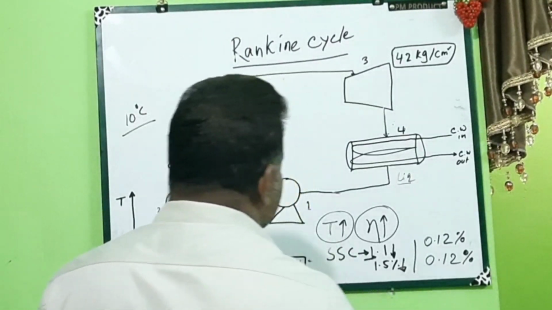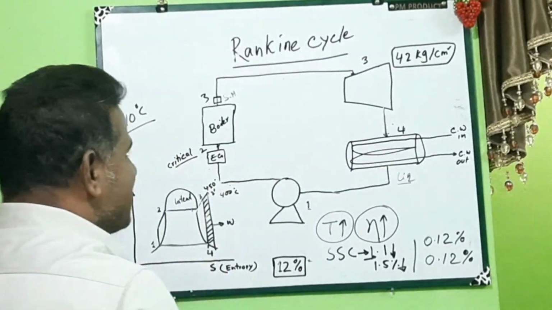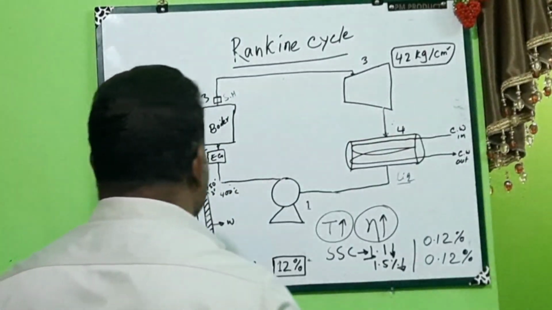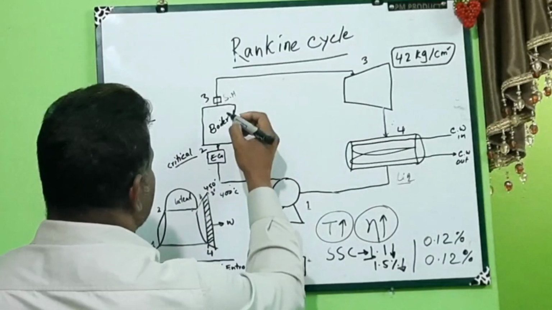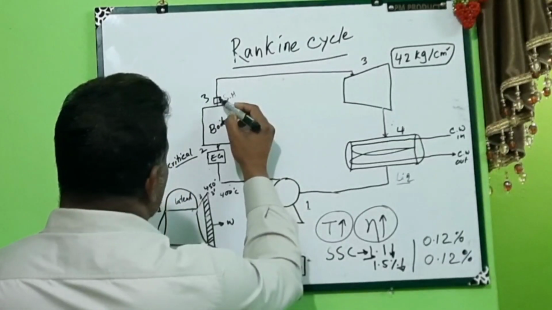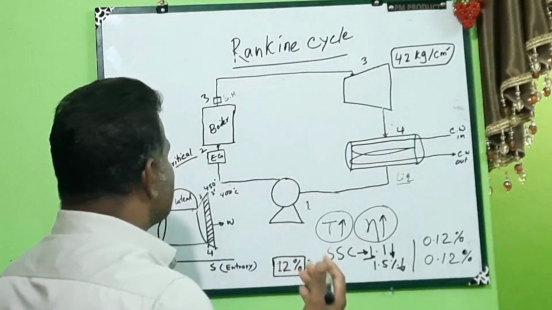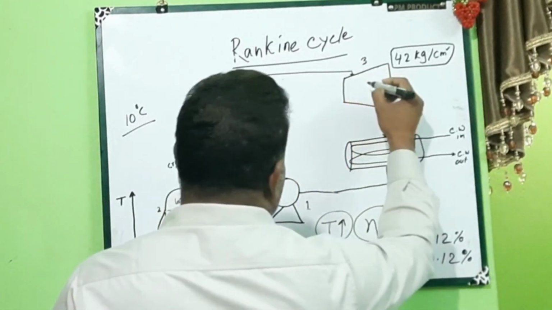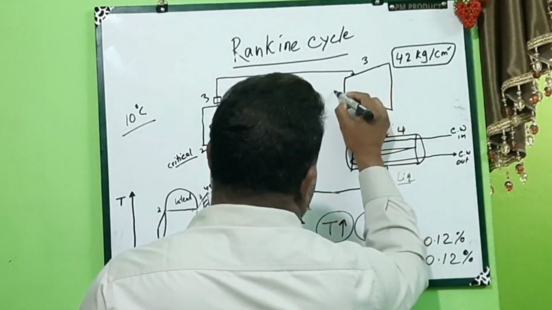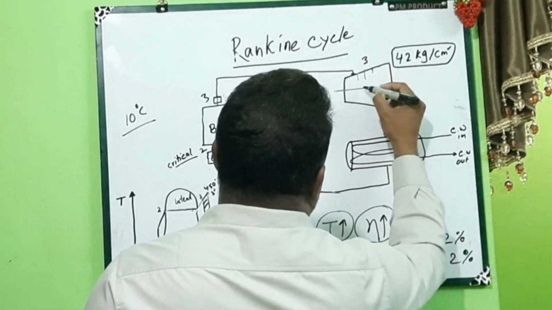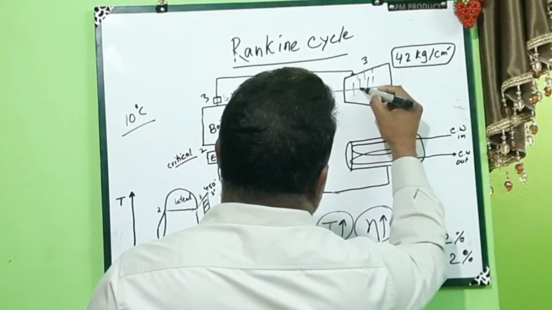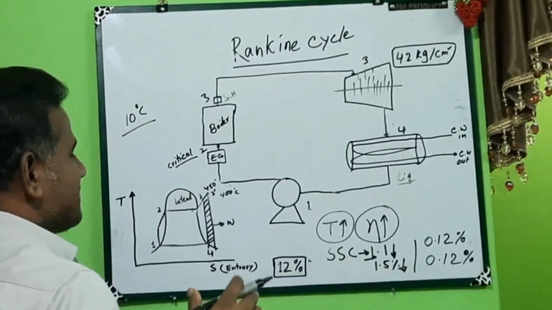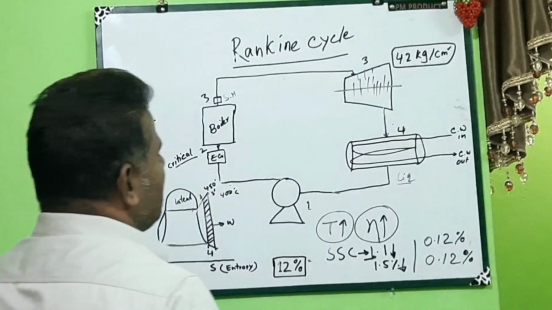That's why you cannot reach more than the desired temperature. That's why the manufacturer gives one desired temperature for the turbine. Another problem also happens if you increase the temperature more: the superheater side has tubes, and these tubes will be damaged. And the turbine side also has blades, and these blades also have a temperature range, so these blades also will be damaged.